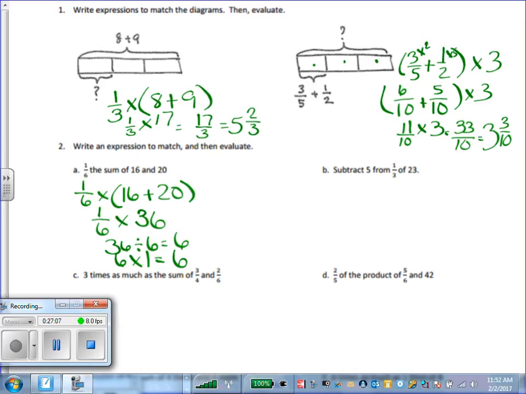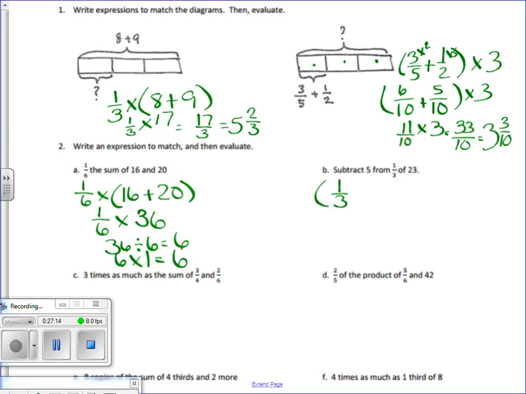Jeremy? 1/3 of 23 minus 5. Subtracting 5 from 1/3 of 23. So it was telling you that once you did this, you had to subtract 5 from it. If you put the 5 in the front and you subtract this from 5, your answer would be very different. It would make a difference.